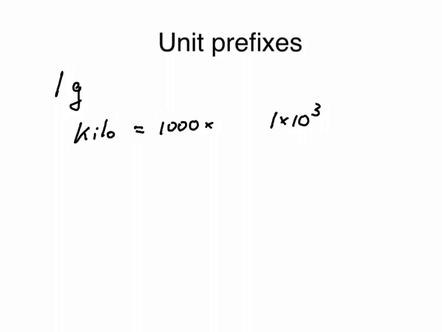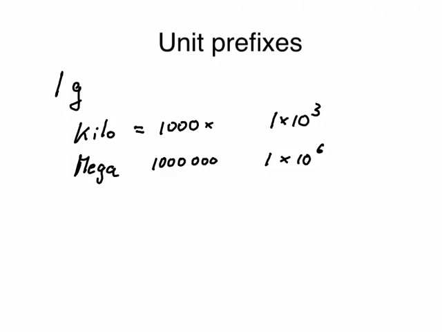The next unit with a common prefix, if we go higher, would be mega. And here we would deal with a factor of 1 million, so 1 times 10 to the power of 6.